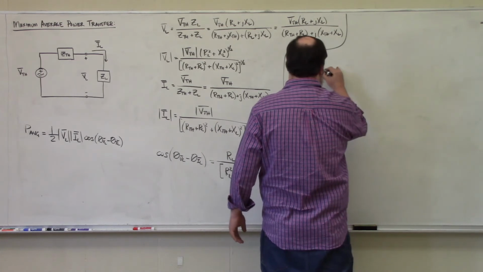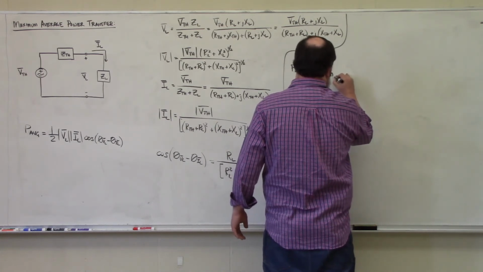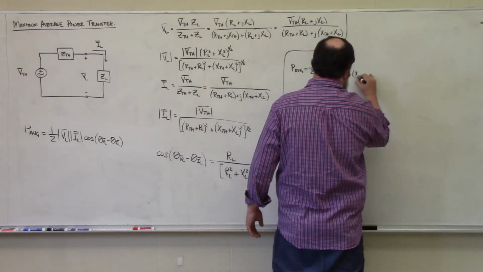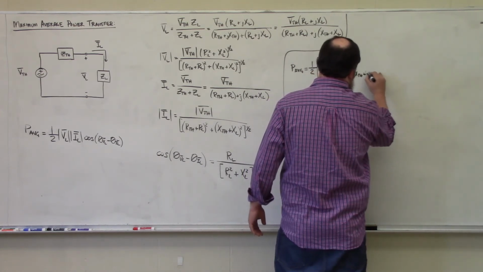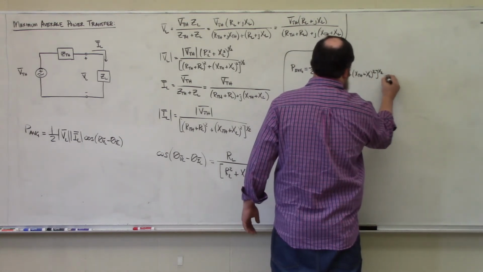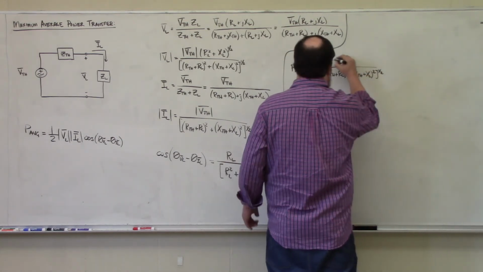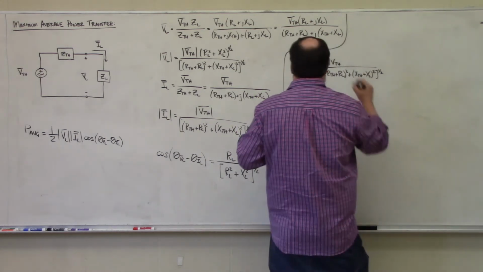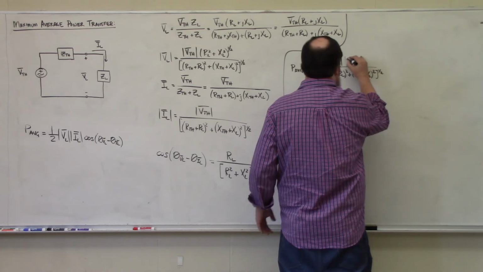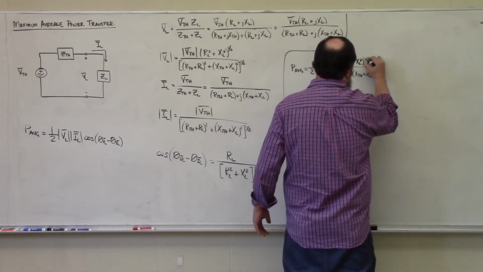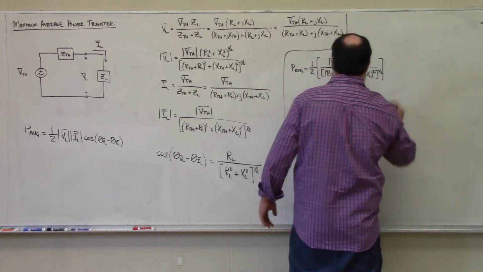So this is the magnitude of VTH over RTH plus RL squared plus XTH plus XL squared to the 1/2 power.